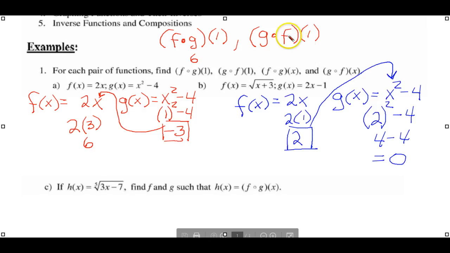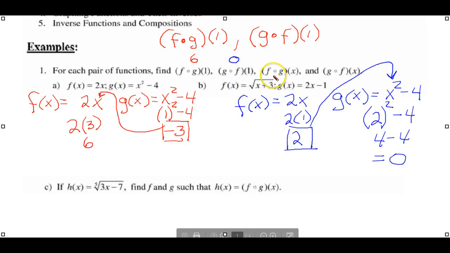So when we take F first, using 1 in its function, so G composed of F, then we put it into the G, we end up here with a 0. And that's how we get these first two values.